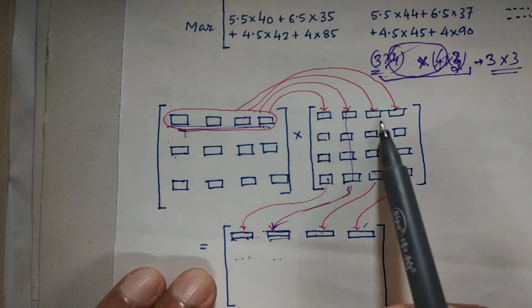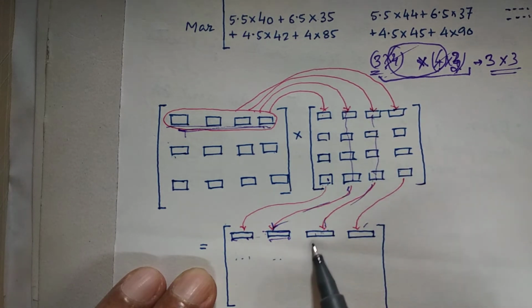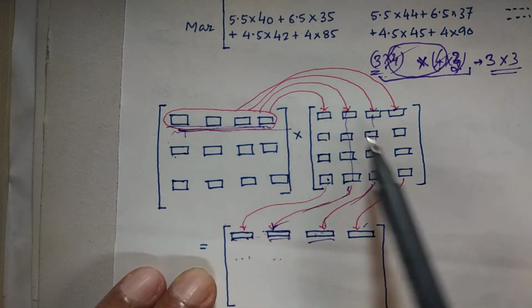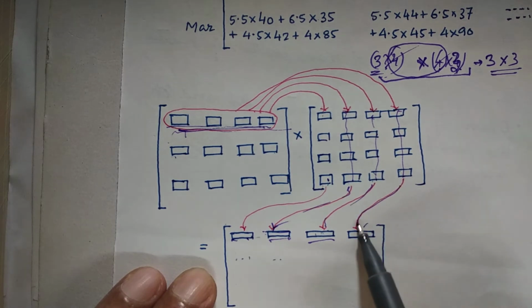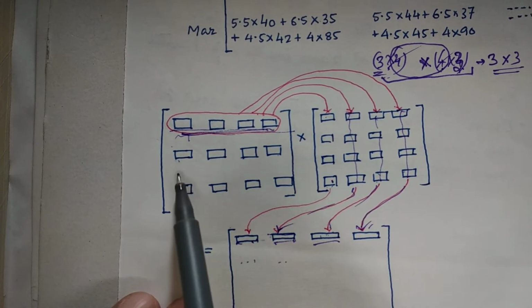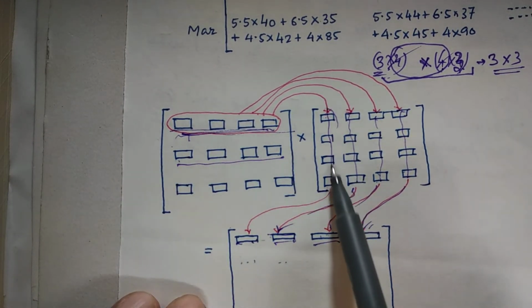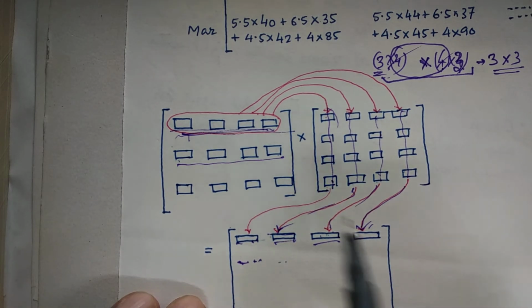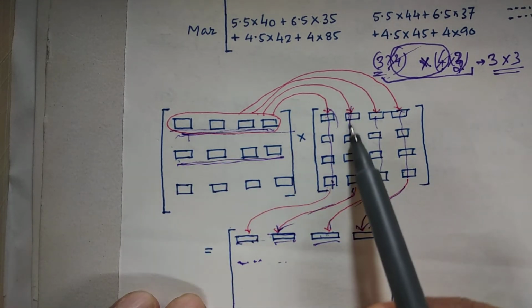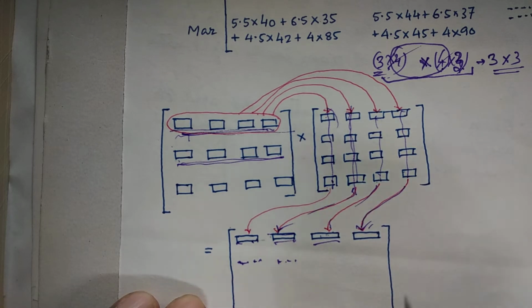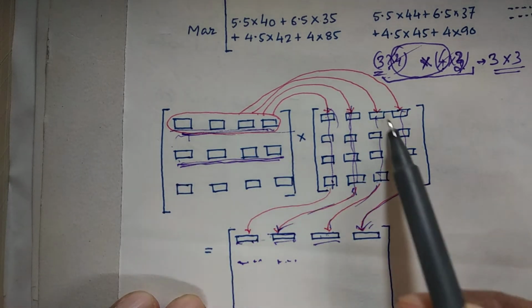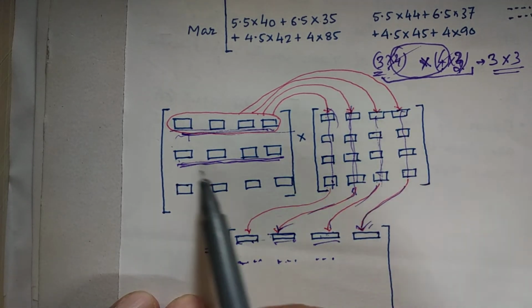This same row multiplied by the third column will give you the number here. Second row multiplied by the first column, second column, and third column will give you the numbers here.